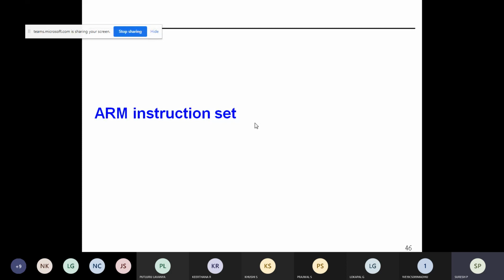This is nothing but upgradation, a revision across generations. So here also you are going to have a different set of instructions.